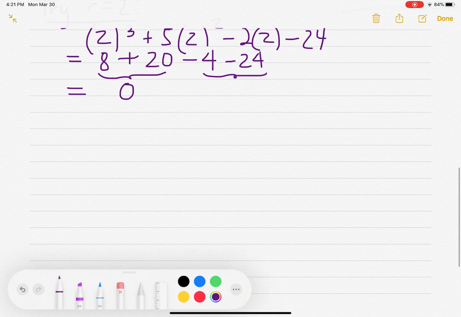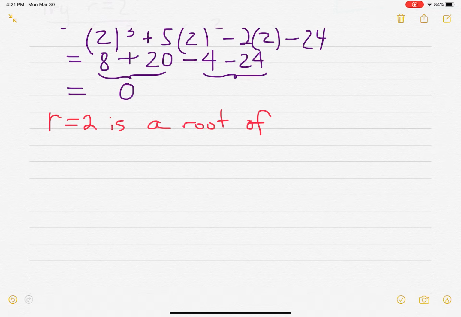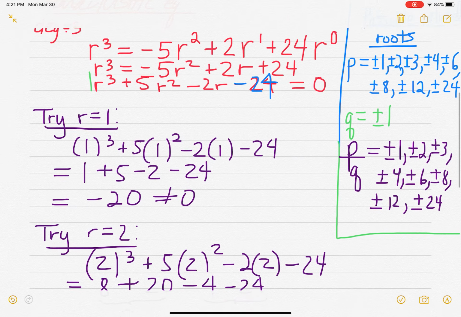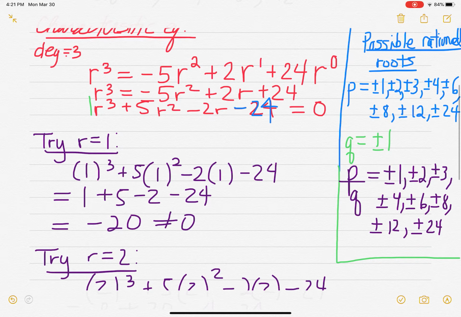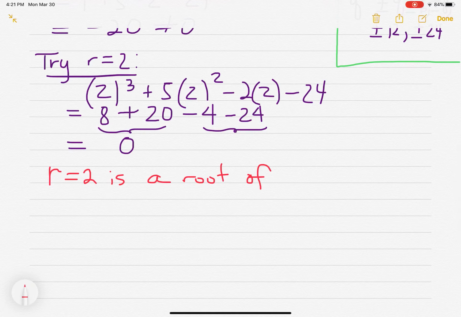So I'm going to write r equals 2 is a root of our polynomial. Let's write what our polynomial was. r cubed plus 5r squared minus 2r minus 24 equals 0. Let's see if I can remember that.